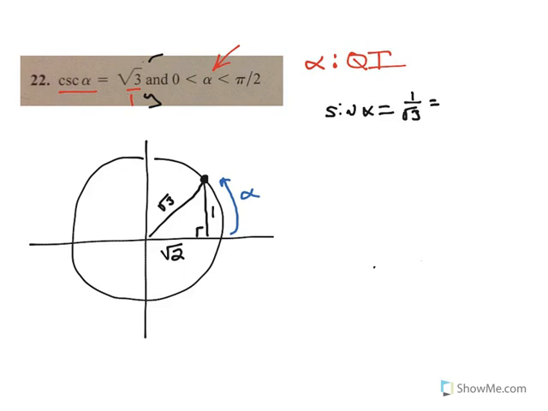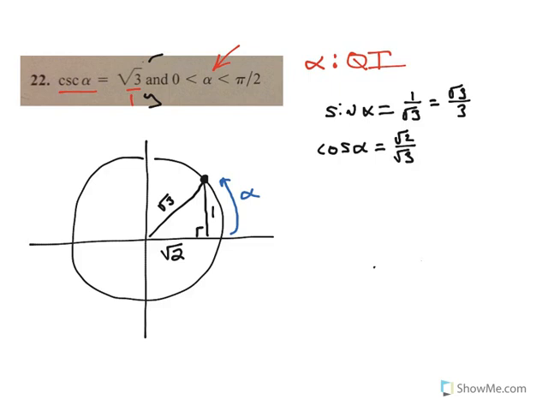And if you rationalize that, you should get radical 3 over 3. The cosine ratio at alpha, cosine is x to r, so it's going to be radical 2 to radical 3.